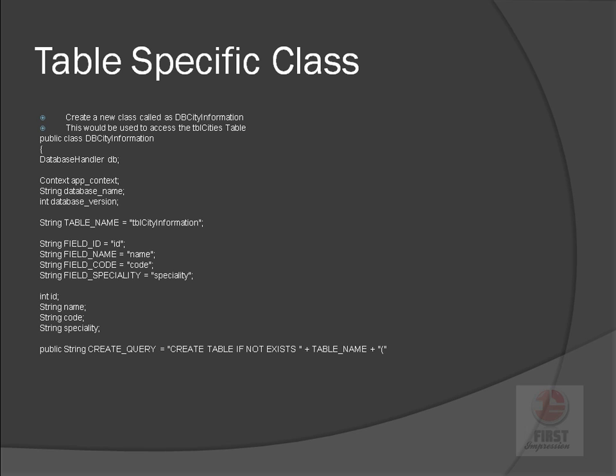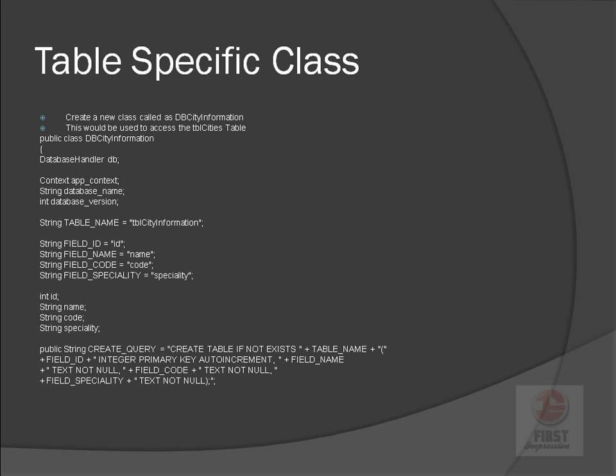We'll also create a create query, public string create query. We'll say create table if not exists. The table name over here will be replaced by TBL city information. Then we'll have field ID, field name, field code and field specialty.